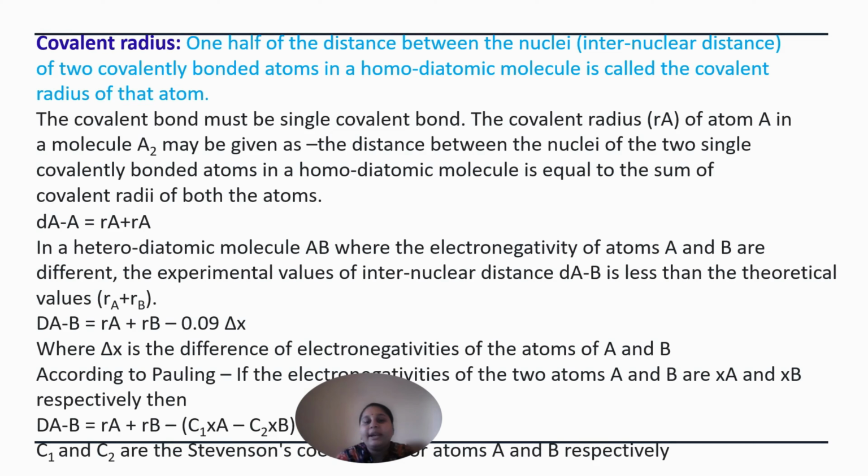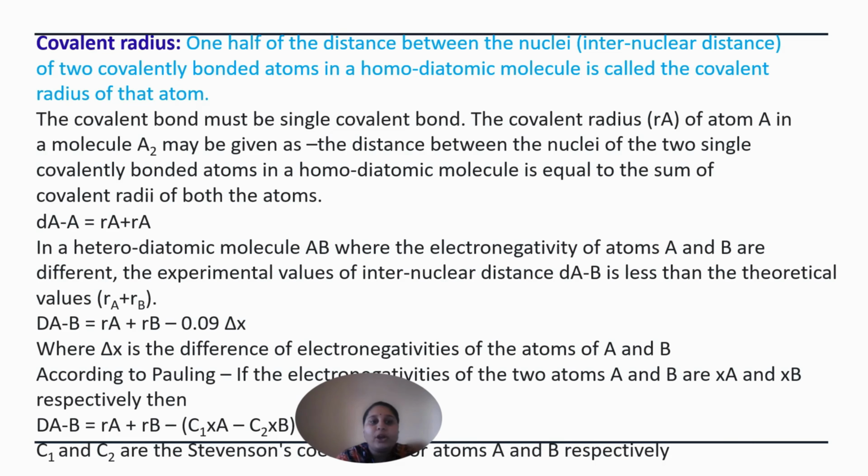The covalent radius of atom A in molecule A2 is given as: the distance between the nuclei of two singly covalent bonded atoms in a homodiatomic molecule is equal to the sum of the covalent radii of both the atoms, that is d(A-A) = rA + rA, that is, for the two atoms it is given as rA + rA.